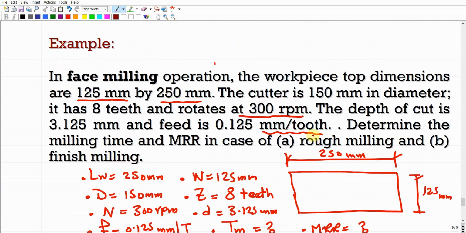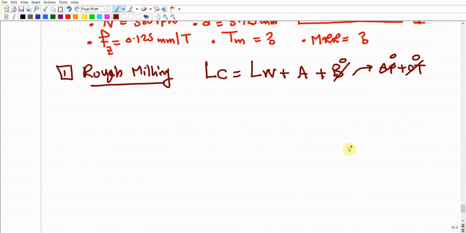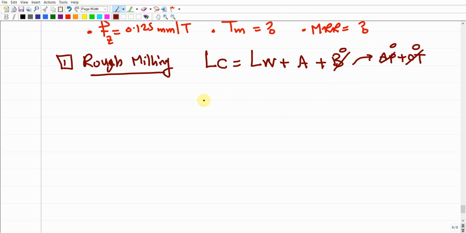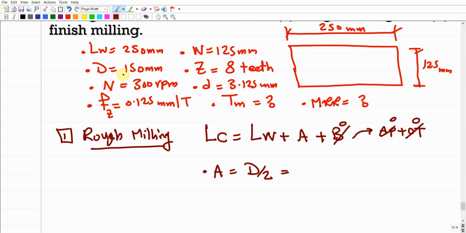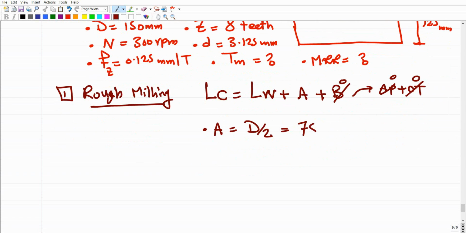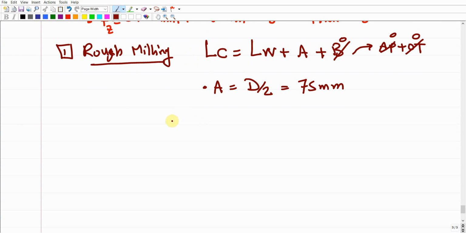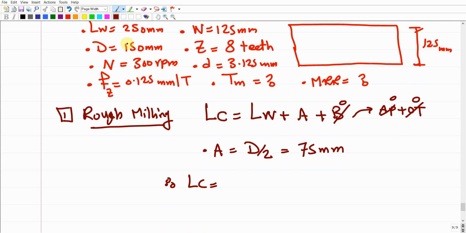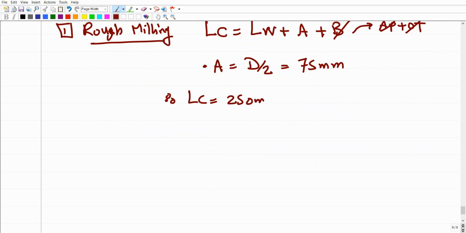He didn't mention anything regarding the approach or over travel distance, so that's why B will be 0, but A will be D over 2 for the case of rough milling. The diameter of the cutter is 150, so it's going to be 75 millimeter, and then you add it to the length of the work part. So we end up with L_C as the length of the work part, 250 millimeter, plus the 75, which gives us 325 millimeter.